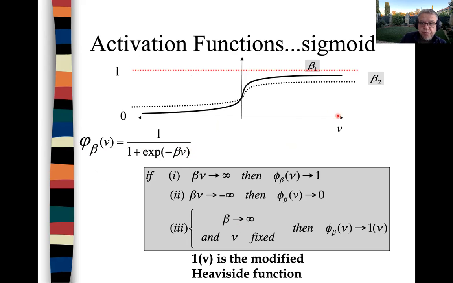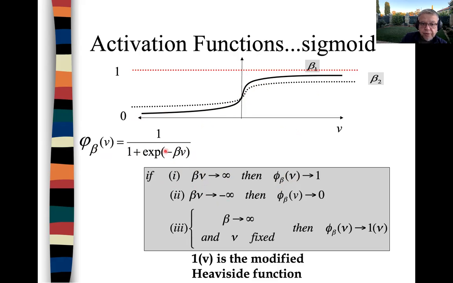So this is again the activation function. This is our input V, and it's given by 1 over 1 plus exponential minus beta V. So beta is the slope here. As we said, if beta V goes to infinity, then our output goes to 1. If it goes to minus infinity, it goes to 0, and you can replace it here.